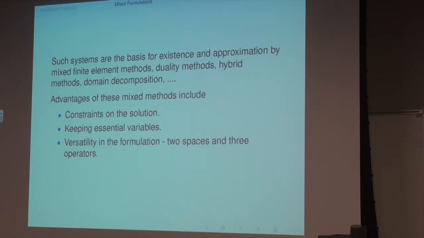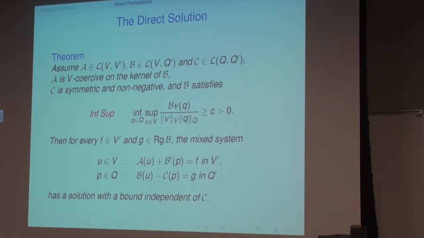I have 2 spaces instead of 1 to work with. I have 3 operators instead of 1. There's much more versatility in that system, and the theory for it is really not that much different. Anyway, there are lots of reasons for looking at these systems instead of a single equation.